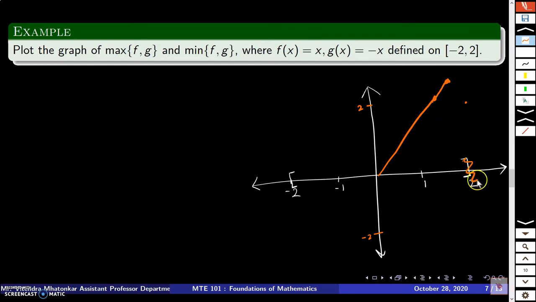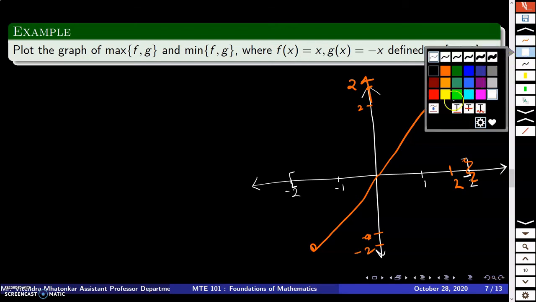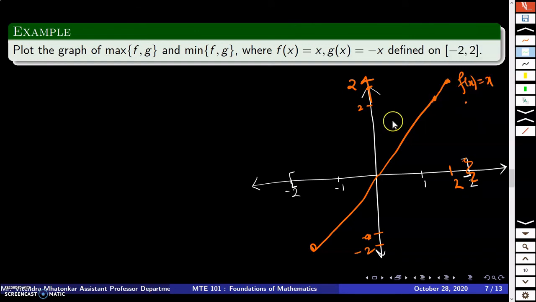You can just assume this 2 is here and this 2 is on top there. So this is the function, and I can come down also this way. So this is the function f of x equal to x, and if you plot the function g of x equal to minus x, I will do that in, let's say, green. It will be this way, right?